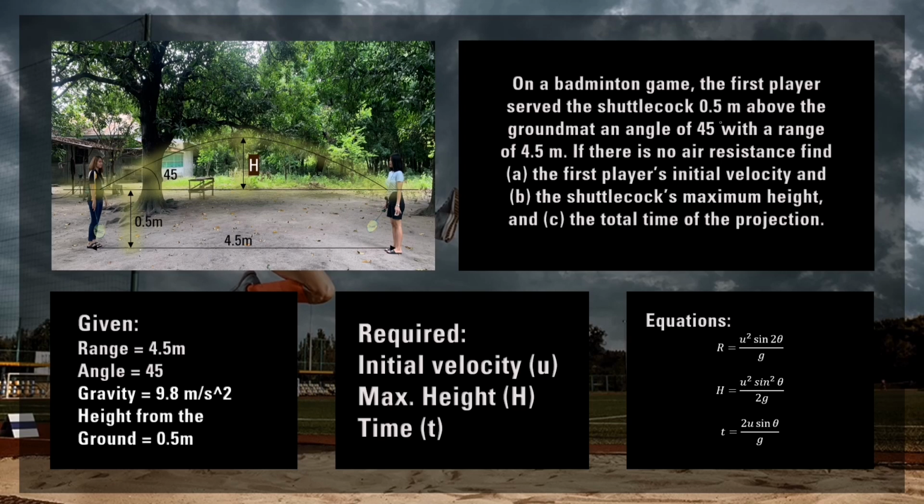Given R, range, is equal to 4.5 meters, angle is 45 degrees, gravity is 9.8 meters per second squared, and the height from the ground is 0.5 meters. Required are initial velocity u, maximum height h, and time t. For the equation, we will use the formulas for range, height, and time.